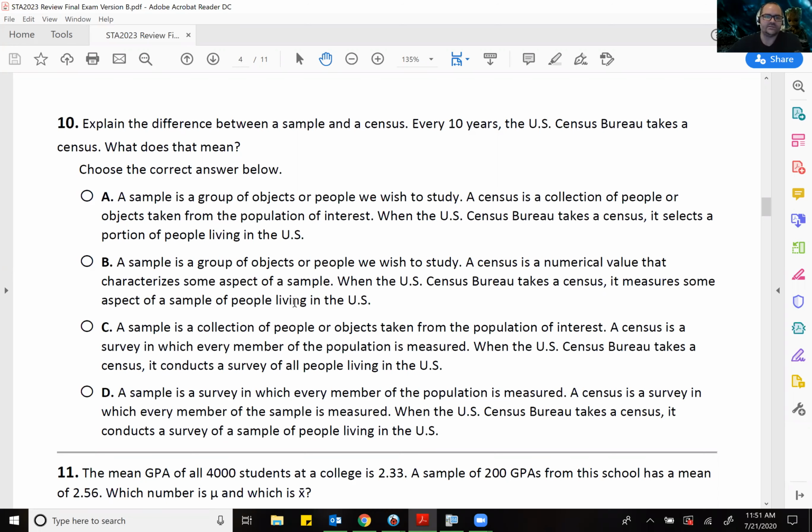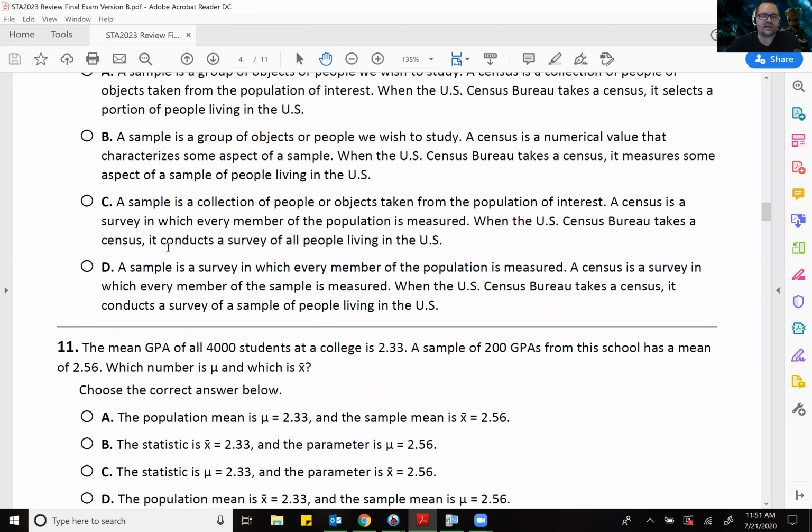All right. So C, a sample is a collection of people or objects taken from the population of interest. Yes, this is much better, because it's a piece of the population. That's what a sample is. All right, so let's see what else it says. A census is a survey in which every member of the population is measured. Yes.